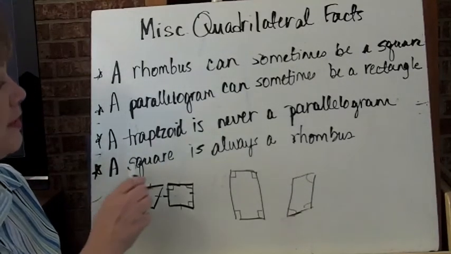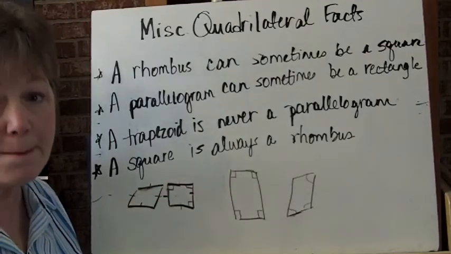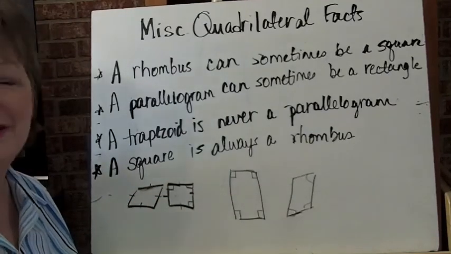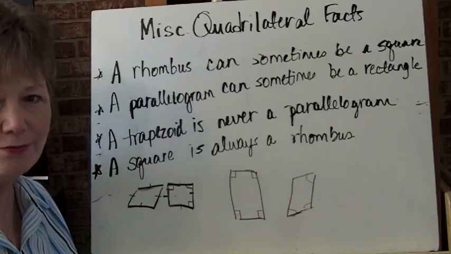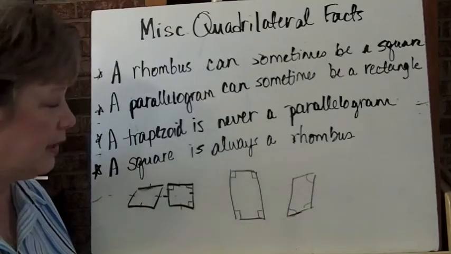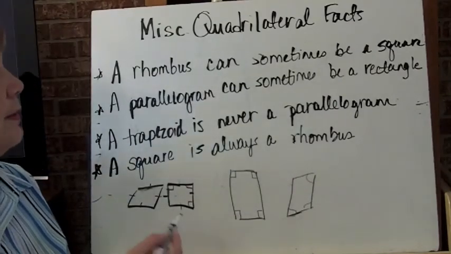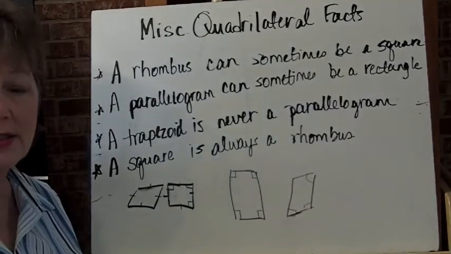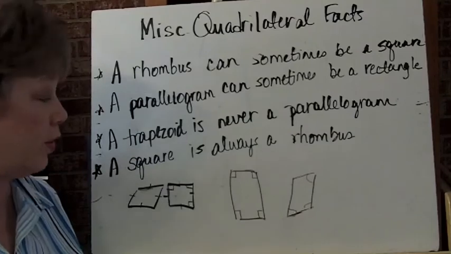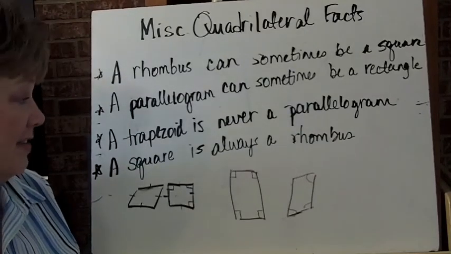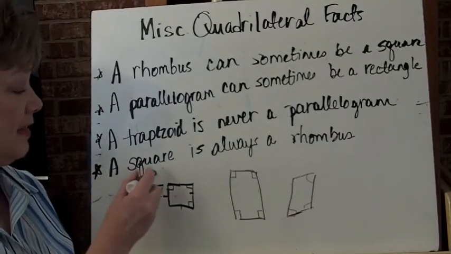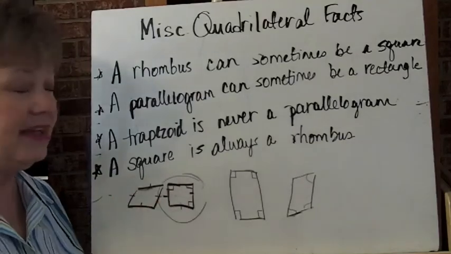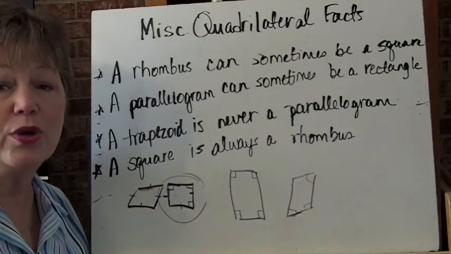And also a square is always a rhombus, but a rhombus is not always a square. Okay, so that can be kind of tricky. But remember, a rhombus simply has to have 4 congruent sides. So a square is always going to have that. It's just that what makes a square is that it has the right angles with it.